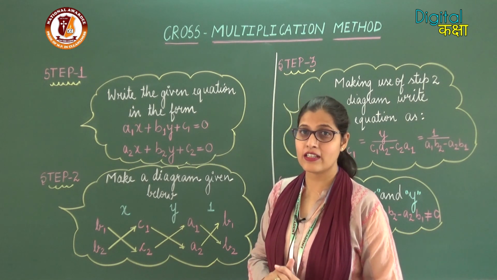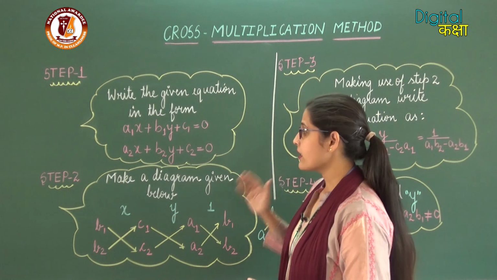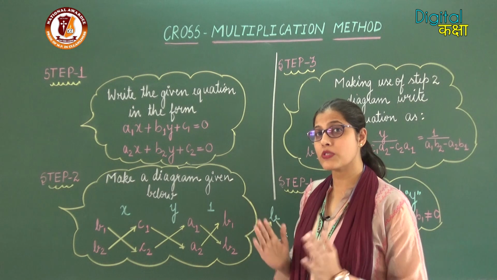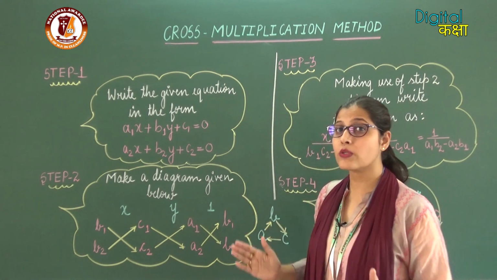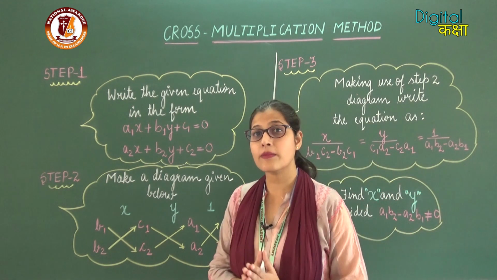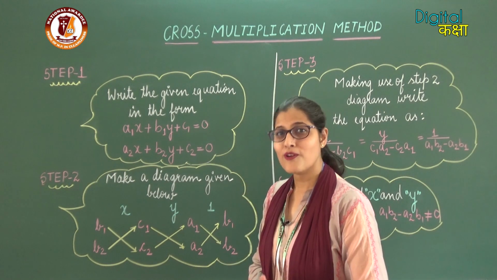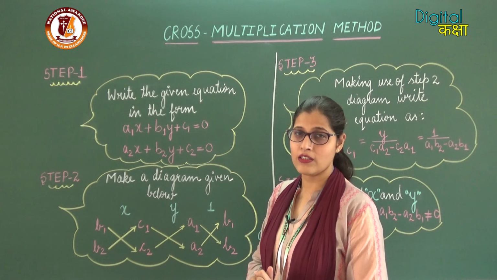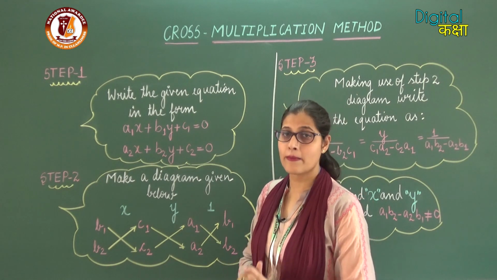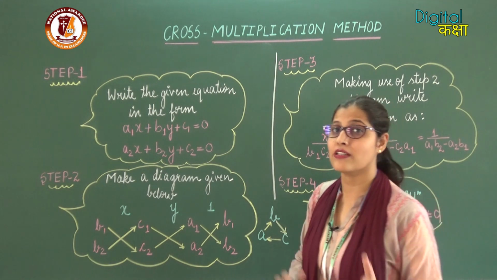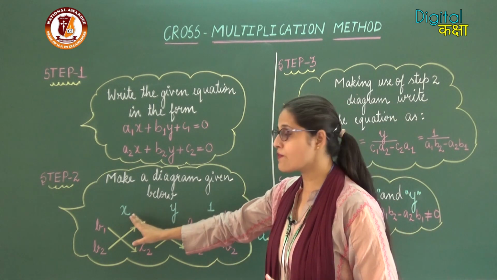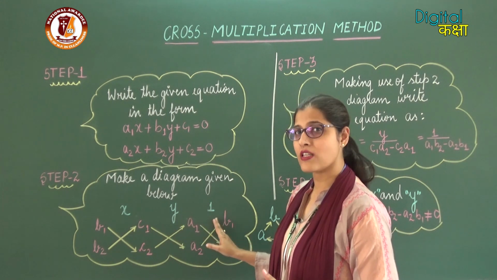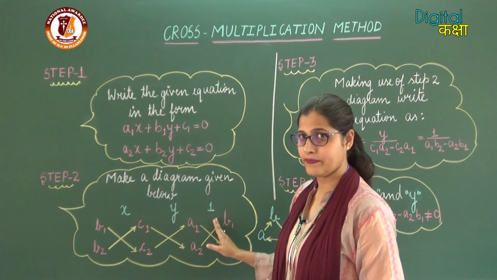In the second step, since we will be using a formula to solve the questions by the cross multiplication method, first of all you should know how to derive the formula. First we will write the variables x, y and the constant 1 in a sequence.